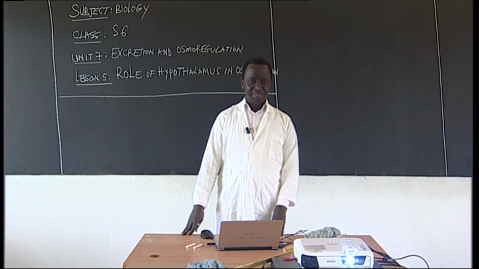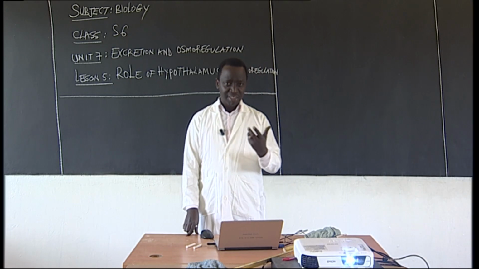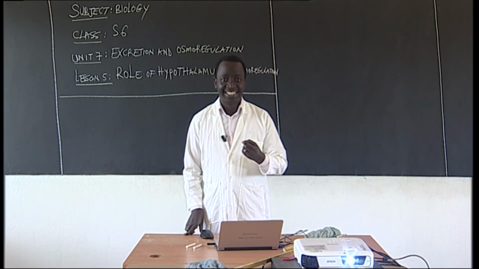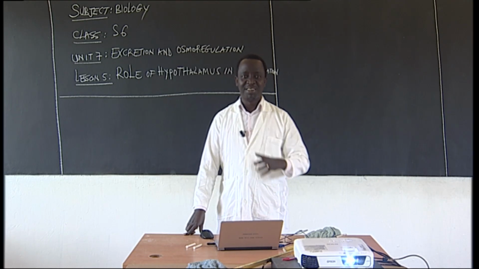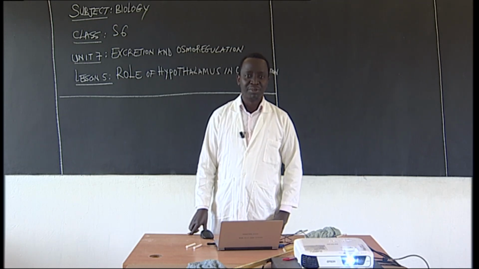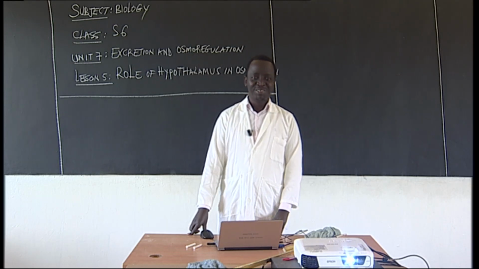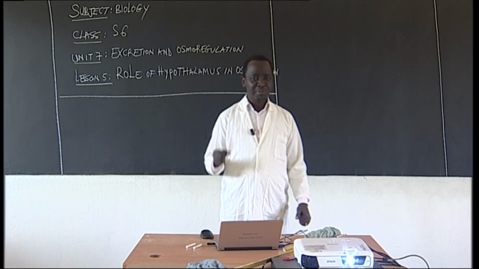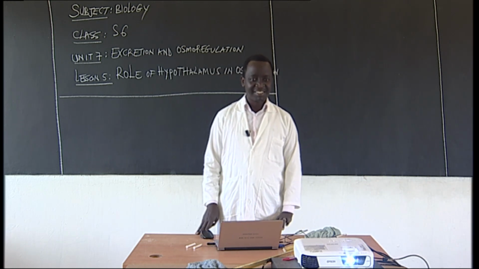Then you have what you call selective reabsorption. What do you understand about selective reabsorption? Who can try? Oh, wonderful. You are good students. I like how you revise, how you remember what you have seen. That's a good behavior.